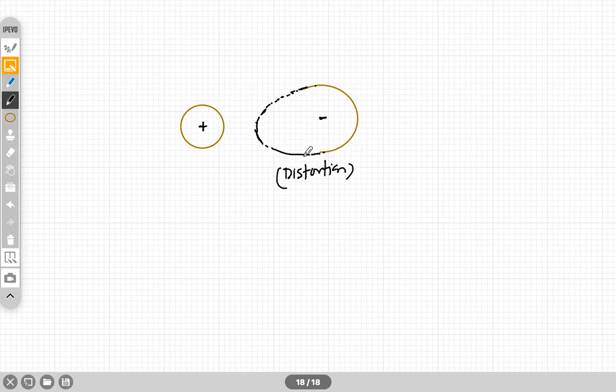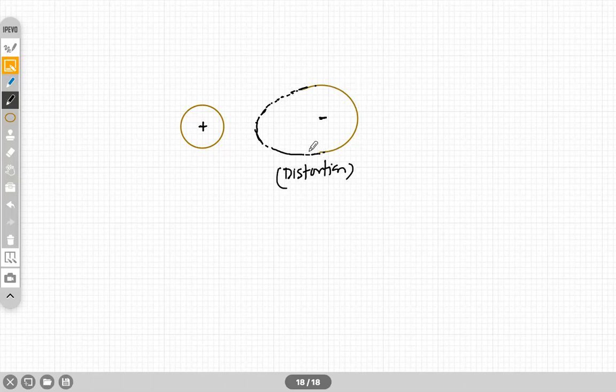Okay. So the positive charge ion's ability to produce this distortion is called its polarizing power, and the ability of the electron cloud to get distorted is called its polarizability.